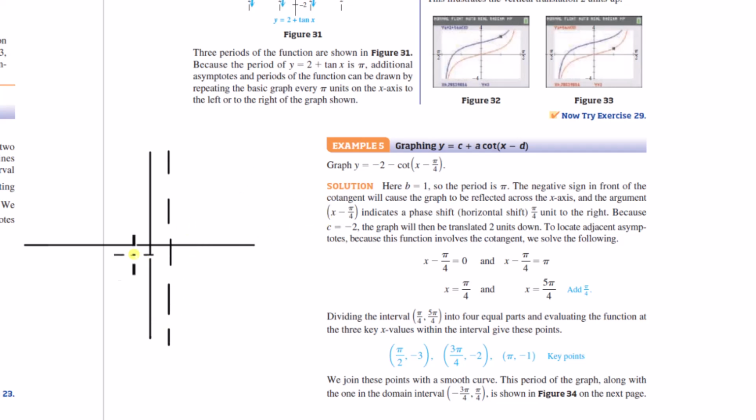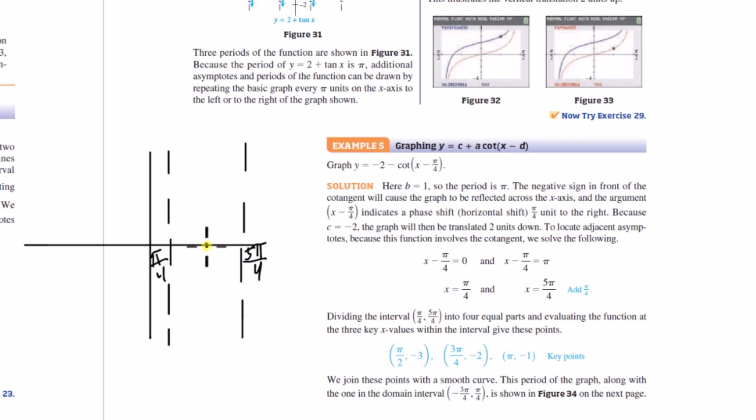Normally we would sketch from 0 to pi. Now with the shifting, we're going to sketch from pi over 4 to pi over 4 plus pi, which is pi over 4 plus 4 pi over 4, which is 5 pi over 4. So pi over 4 to 5 pi over 4.